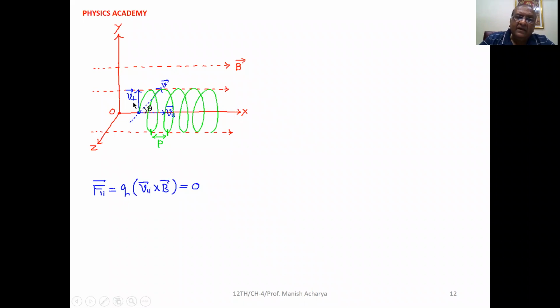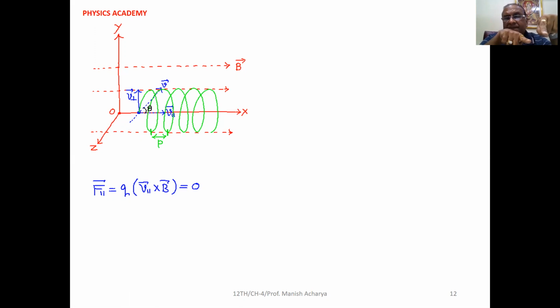But if we consider this component v perpendicular of the velocity, which is perpendicular to the magnetic field, then in previous theory we already discussed this thing: if velocity and magnetic field are perpendicular, then the particle will execute circular motion.